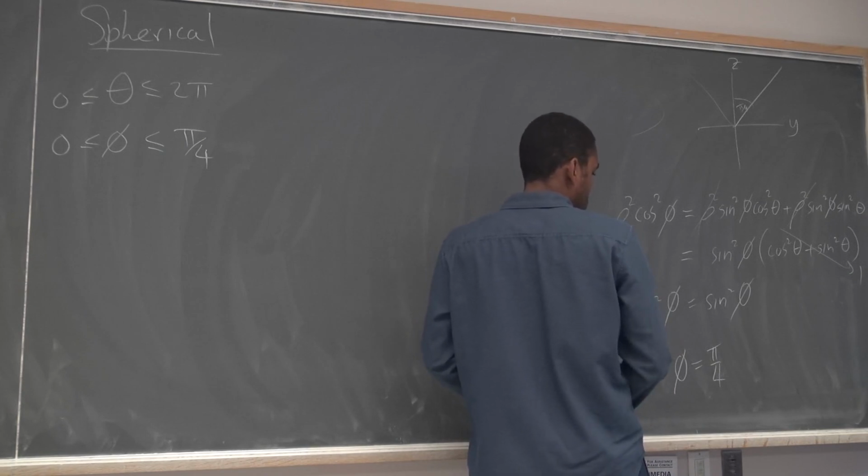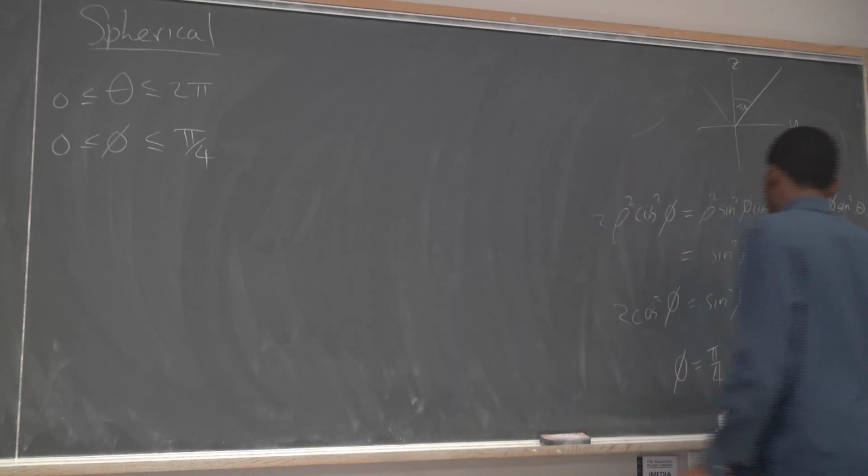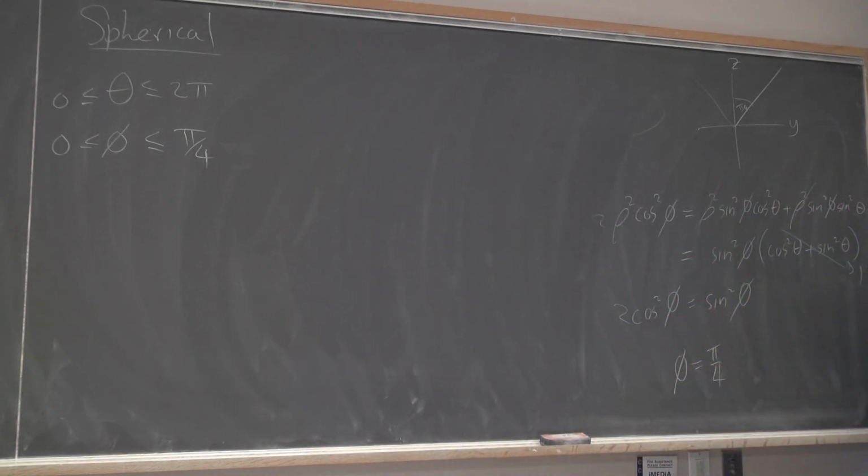No, it wouldn't be the same. If that was a 2 there, what would that mean? That would mean that 2 is equal to tangent squared phi, which means that tangent phi is radical 2.